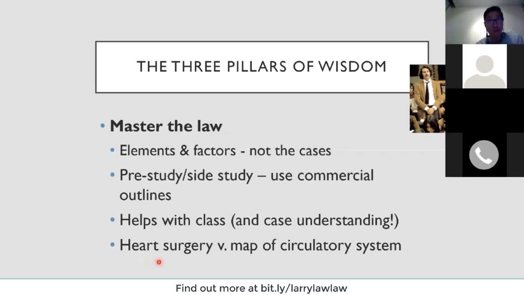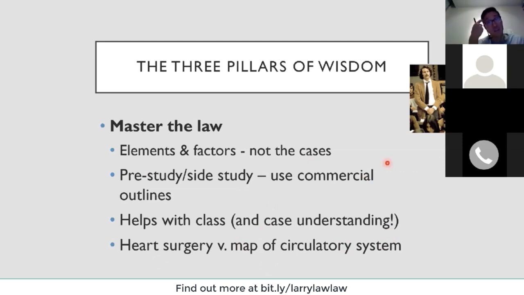Here's the analogy I always use for mastering the law. If law school were a medical school, there are two ways you could study the circulatory system. You could just look at a map of the circulatory system. You can see the heart and the lungs and all the arteries and veins and capillaries.